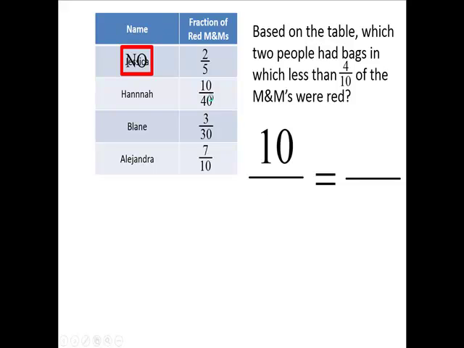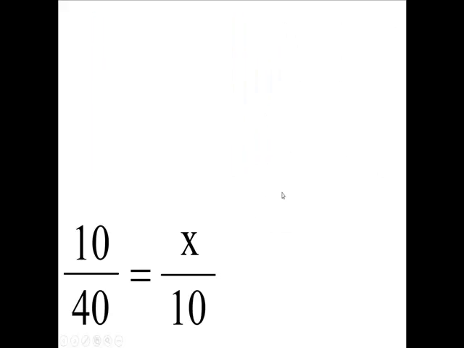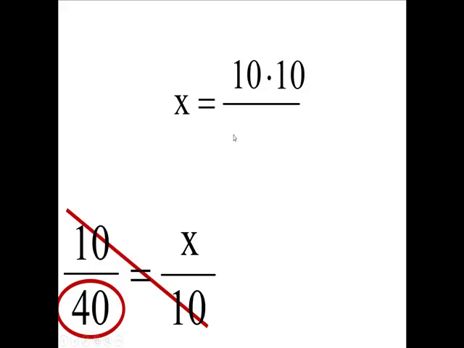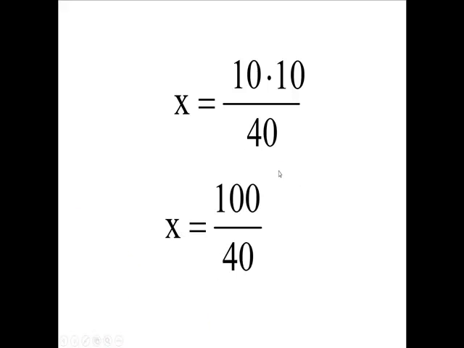Her fraction was 10 over 40, and we want the bottom once again to be what? To compare it with this fraction, the bottom has to be a what? To have it like that one. Of course, we don't know what this is. That's the question. What is the numerator? I know the denominator is going to have to be 10 if I want to compare those. Then what is the numerator? To make these equivalent, we have to go 10 times 10 and then divide by the 40. What did we say? 10 times 10, which is 100. 100 divided by 40.